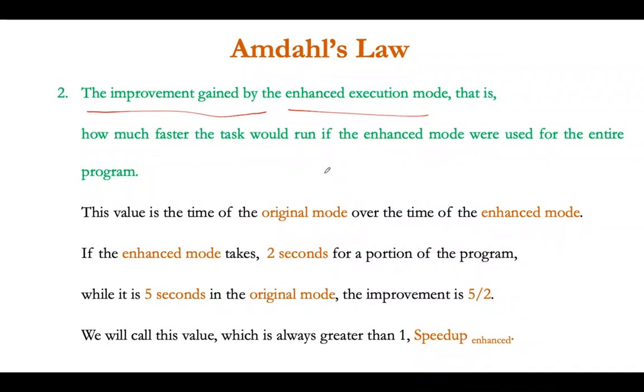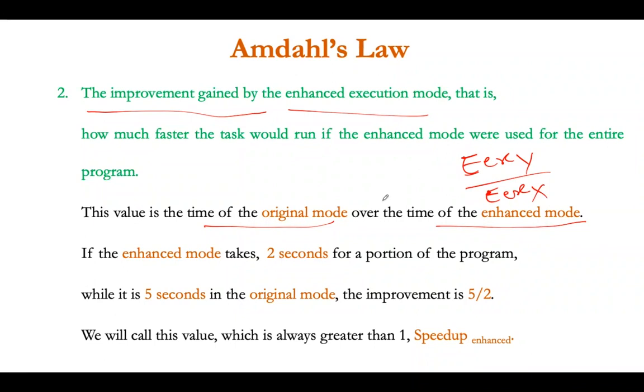So this value is the time of the original mode over the time of the enhanced mode. Original mode divided by enhanced mode. It is simply saying the execution time without enhancement divided by the execution time with enhancement.